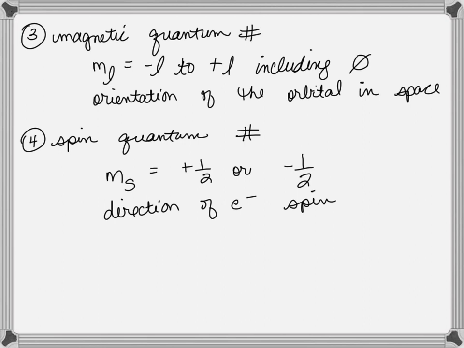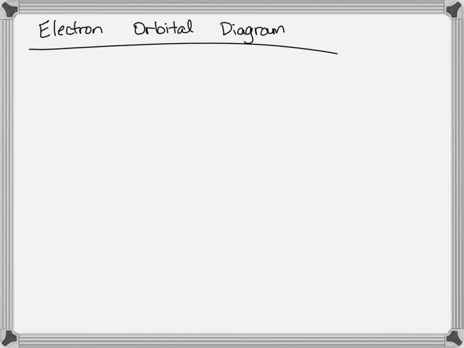From these quantum numbers, we are going to write an electron orbital diagram. Have you guys looked at it? Did y'all see something that looks like a graph? Okay, here's where we're going. It's not really a graph, but an electron orbital diagram looks like this.